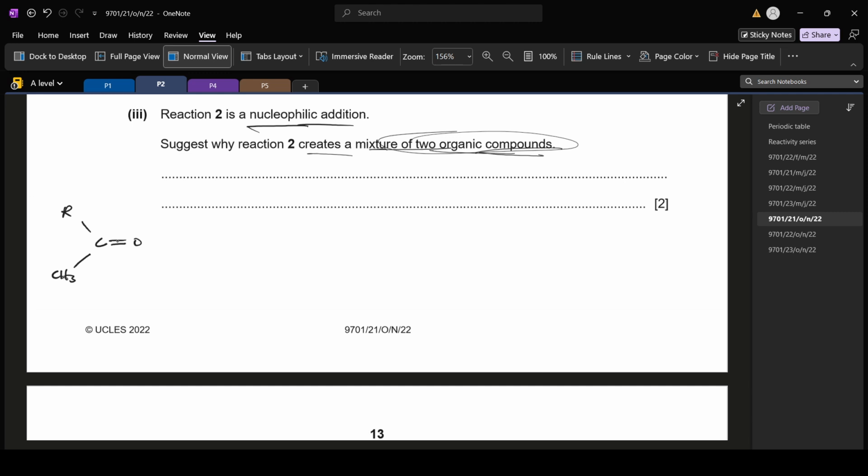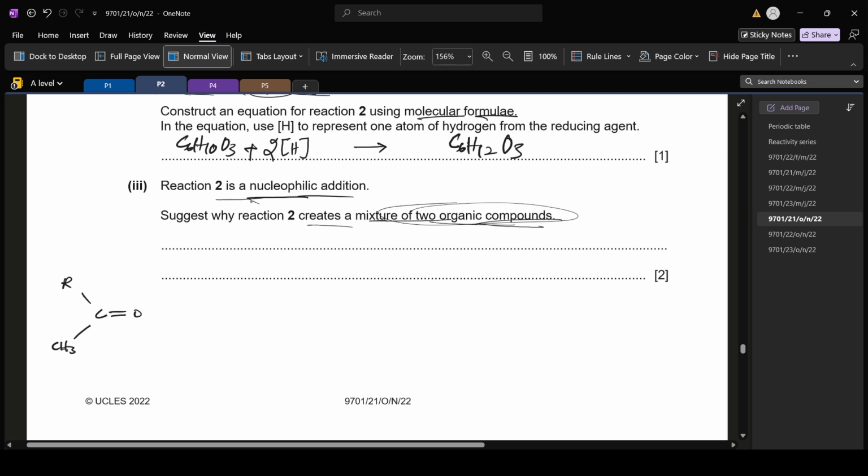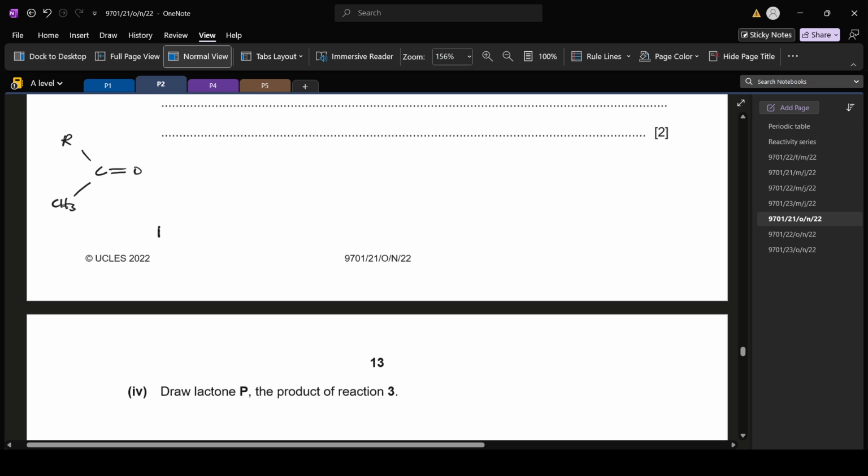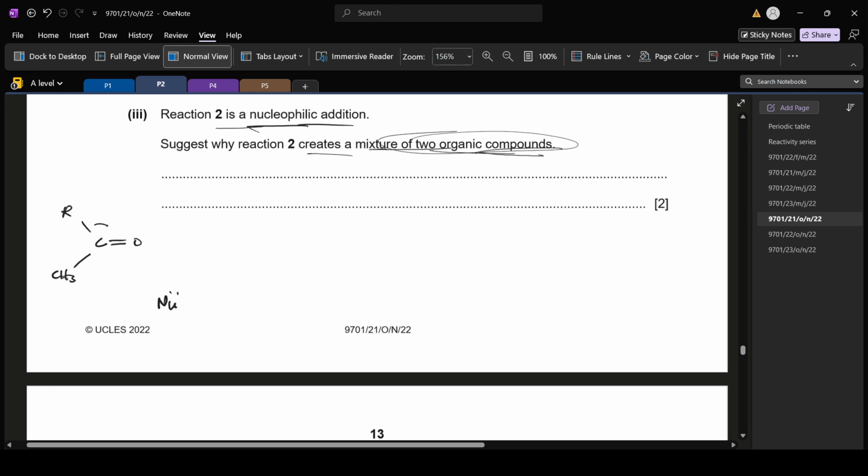Now the reaction 2 is a nucleophilic addition reaction, it already told you. So this is your nucleophile. What is the bond angle here? This has a bond angle of 120, and this also has 120, and this also, because this is a trigonal planar structure.